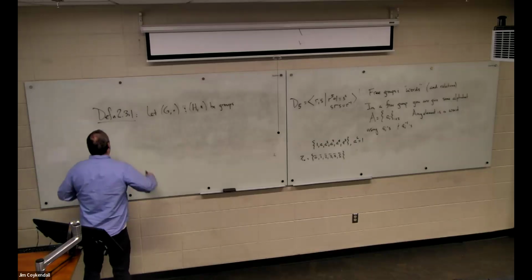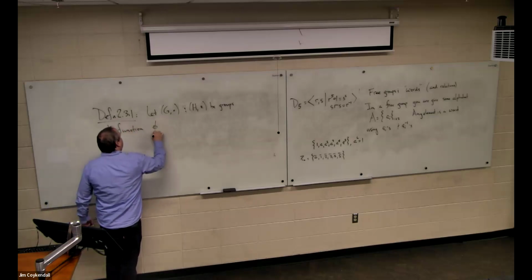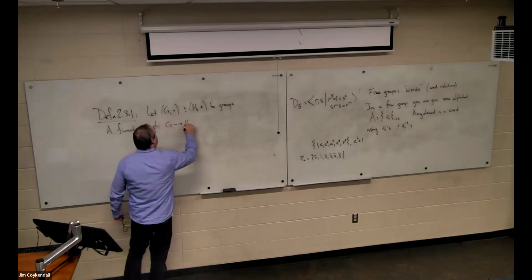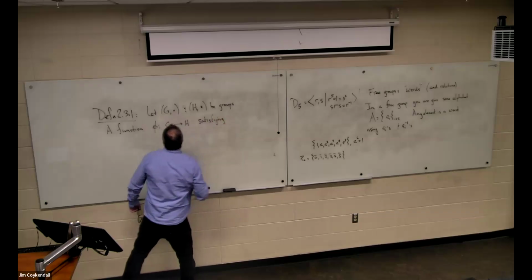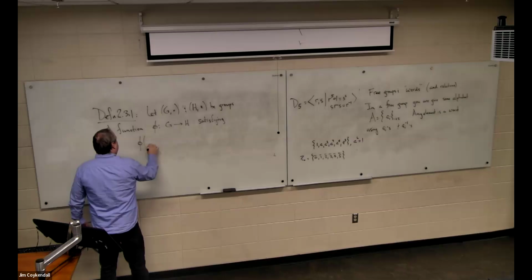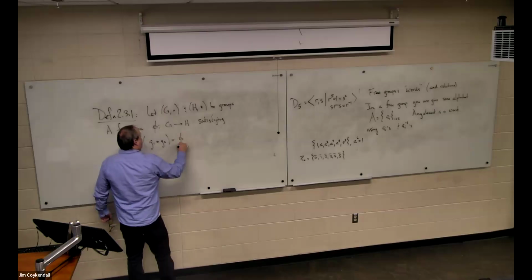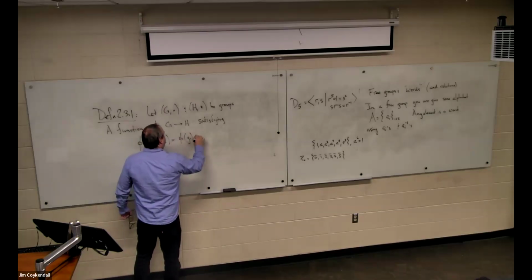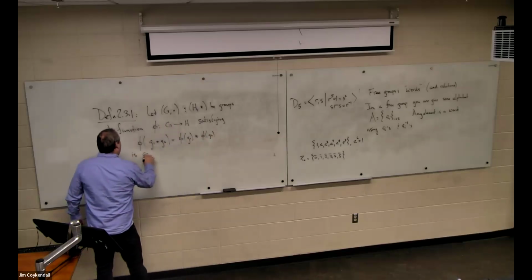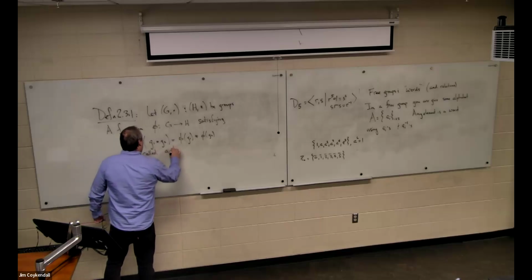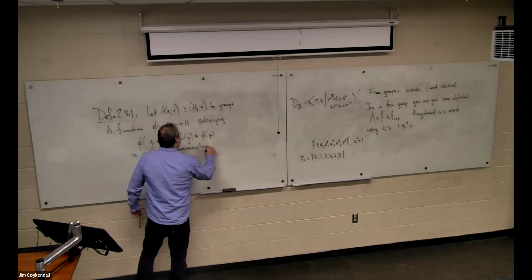A function phi from G to H satisfying phi of G1 circle G2 is phi of G1 star phi of G2 is called a homomorphism from G to H.